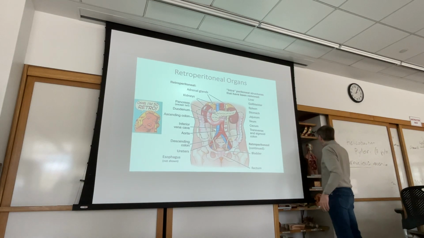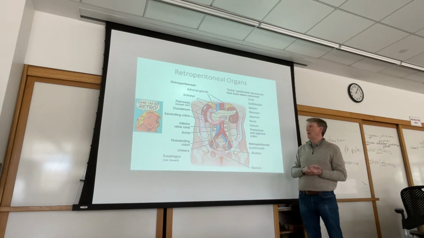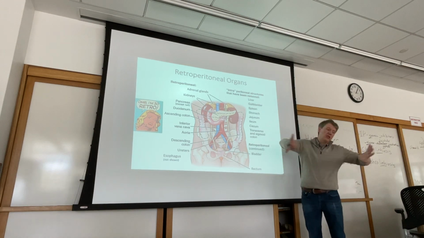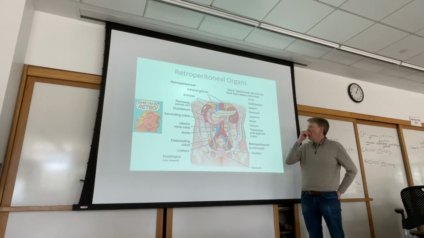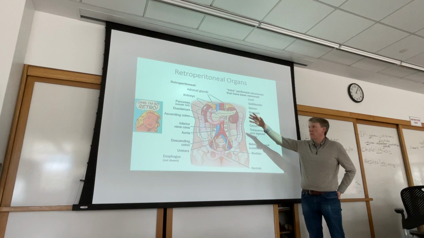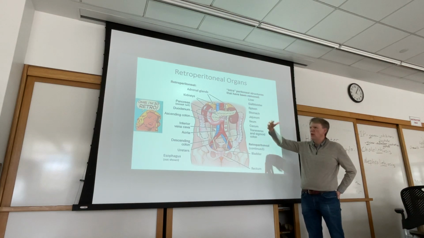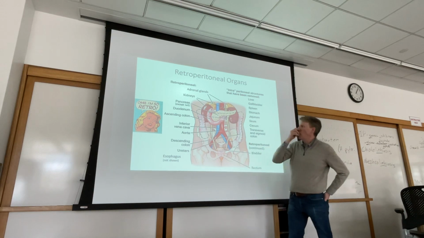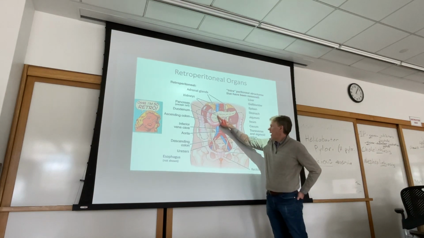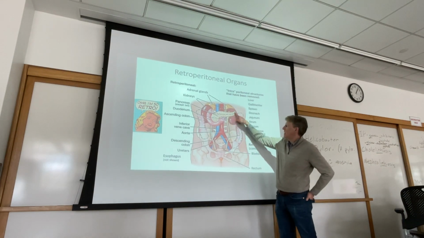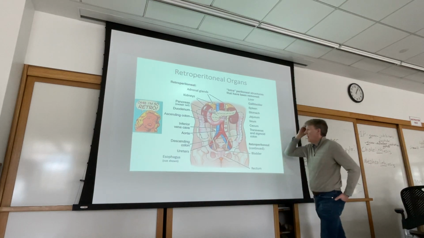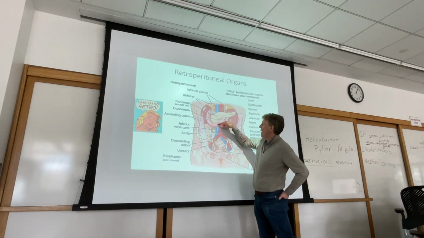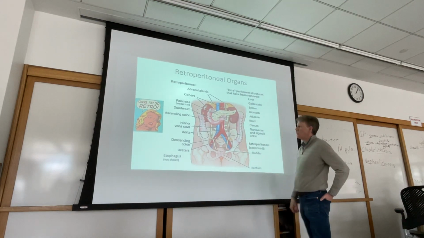But in general, if it's towards the back, it's going to be retroperitoneal, or if it's pushed to the sides, it'll be retroperitoneal. So the kidneys and the adrenal glands that are on top of the kidneys, they're way to the back. They're definitely retroperitoneal. The pancreas is a little bit weird because the head and the body are retroperitoneal, but then the tail is intraperitoneal. All of the duodenum, which surrounds the head, is retroperitoneal.